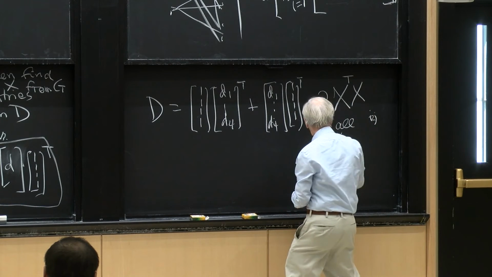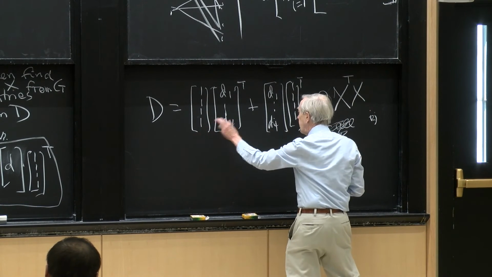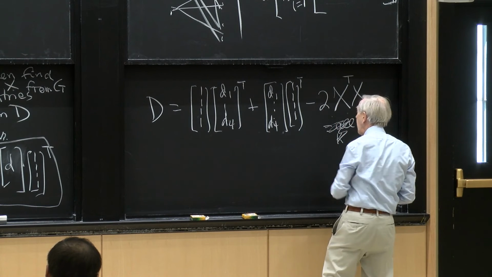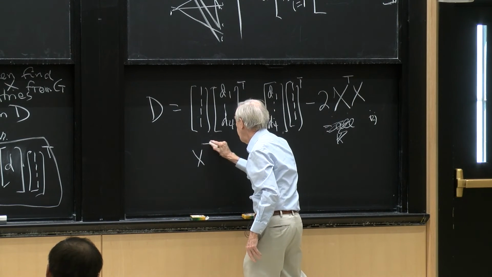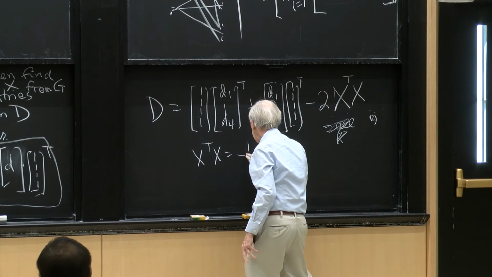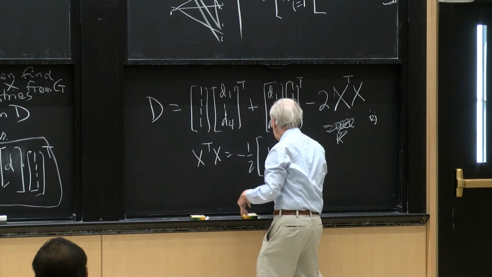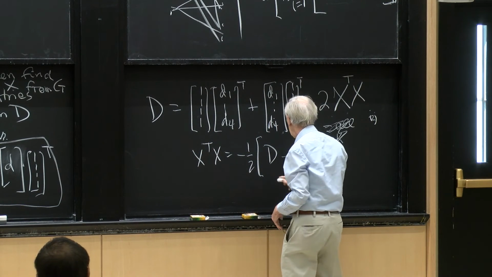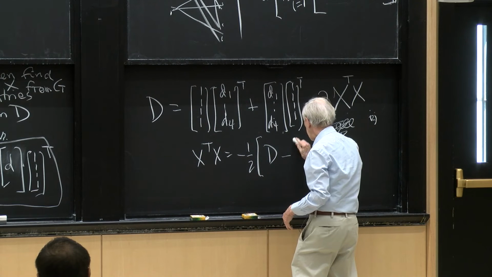Well, what's known is D and this, so now we have the equation for x transpose x is -1/2 of D minus these rank 1s.